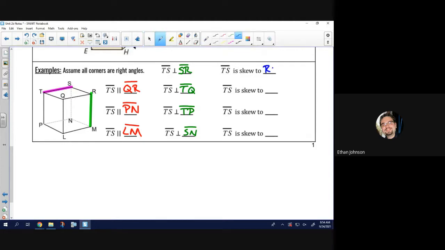So RM would be a skew segment. They're moving different directions. ST is moving left to right. RM is moving up and down. See if you can find another one moving up and down. Segment QL is our other segment moving up and down. That would be skew to TS.